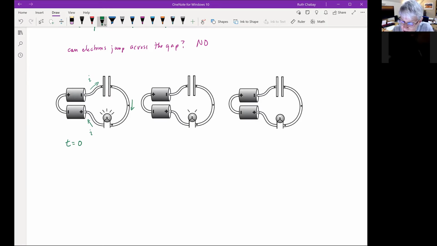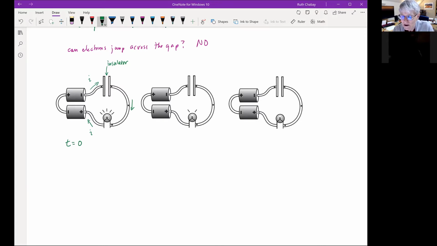So here we have an insulator, which could be air or a vacuum. And to make that into a conductor actually requires a very, very, very high electric field, and there's nothing to make that high electric field. So electrons can't jump across the gap, and that's consistent with what we saw when we connected the light bulb just to the capacitor alone, right?